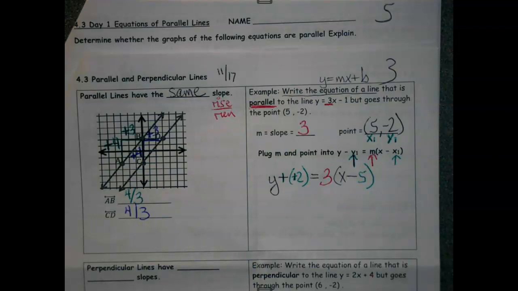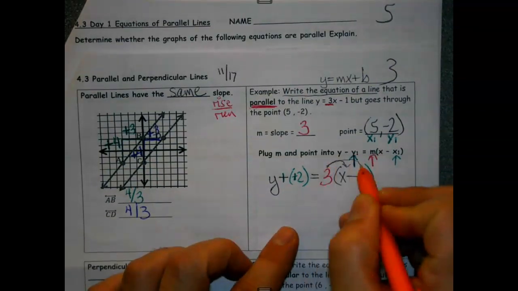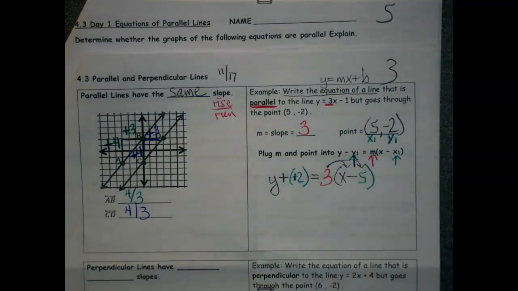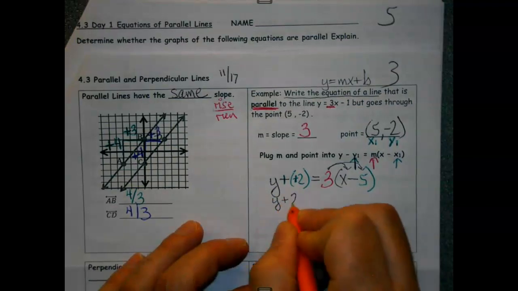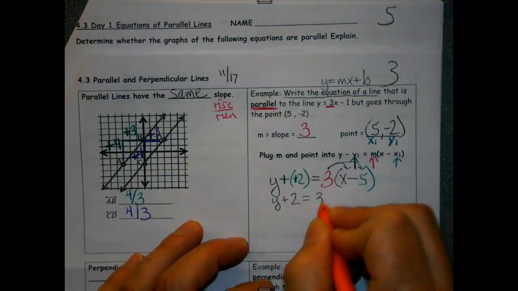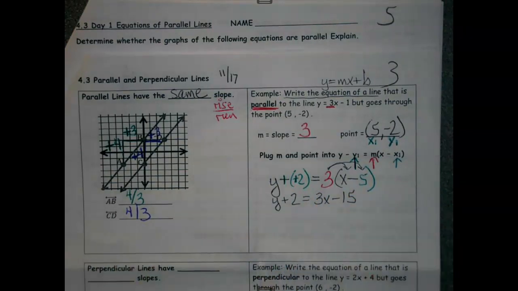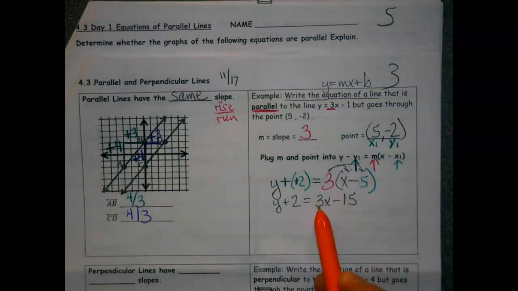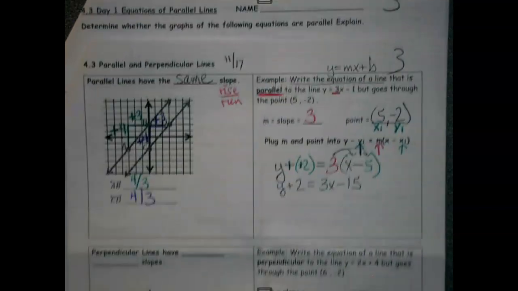So, to get it in that form, we're going to distribute our 3, because we need the parentheses to go away. So 3 times x is 3x. 3 times -5 is -15.